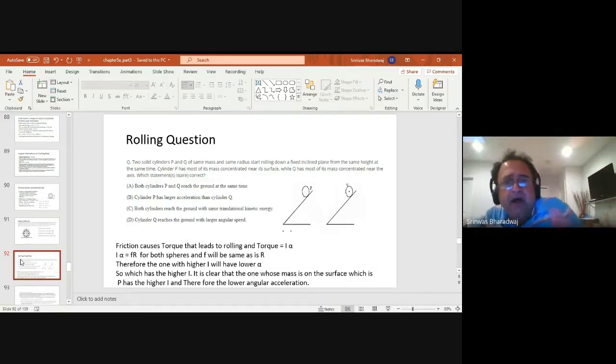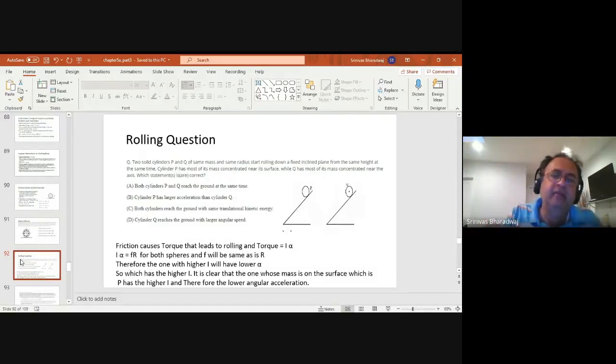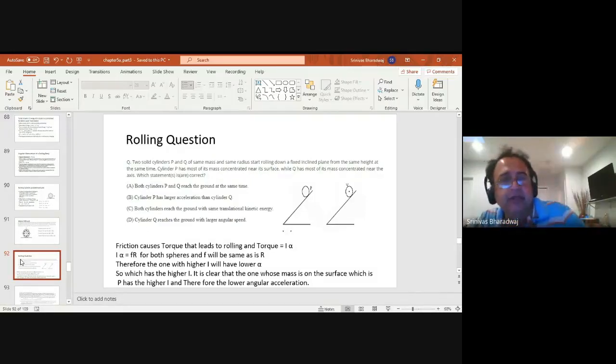So the variety of the problems is, and the material also is a little bit hard, but the variety of the problems they ask in the context of rolling is much more. That's why you have to spend a little more effort, do a lot more different types of problems in the case of rolling, in the case of rotation, and then that will prepare you better for rotation.